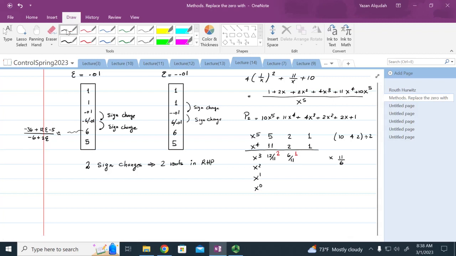Okay, so continuing, we're going to get a negative 7 here. And then we're going to get 9 over 7 here. And we're going to get a 1 here. Okay.